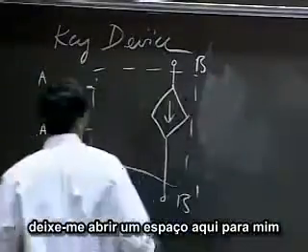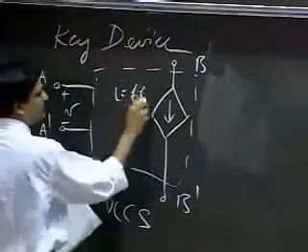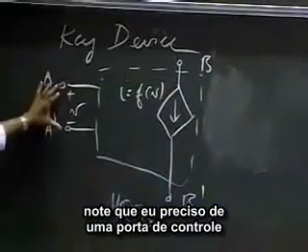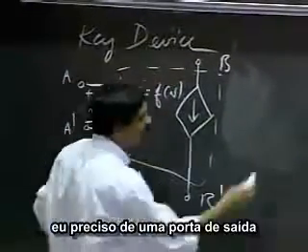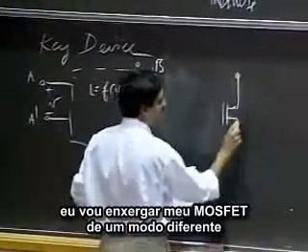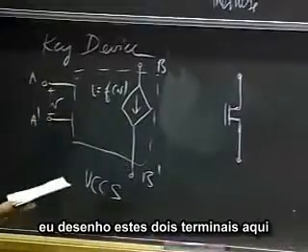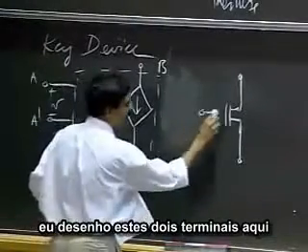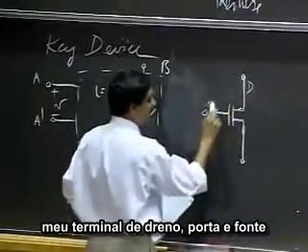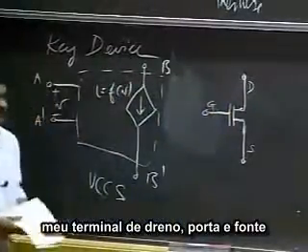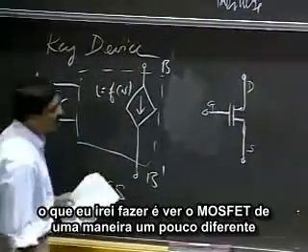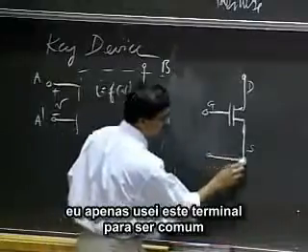Let me create some room for myself. Notice that I need a control port and an output port, and I'm going to view my MOSFET in a slightly different manner than you have seen before. I draw these two terminals here, and this was a 3-terminal MOSFET: my drain, my gate, and my source terminal. But I view the MOSFET slightly differently.